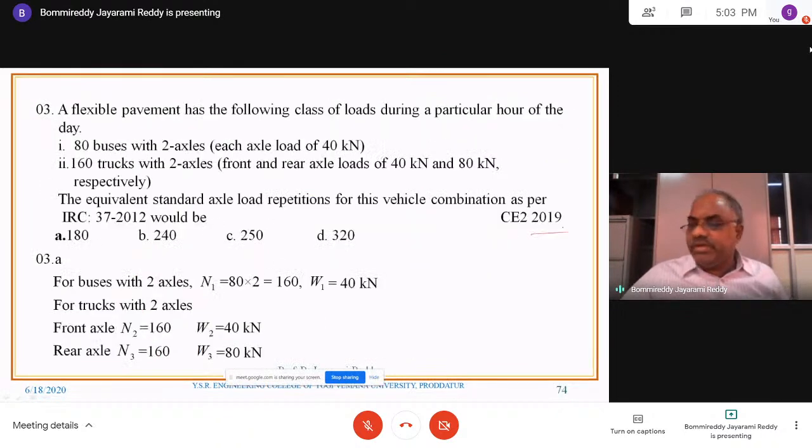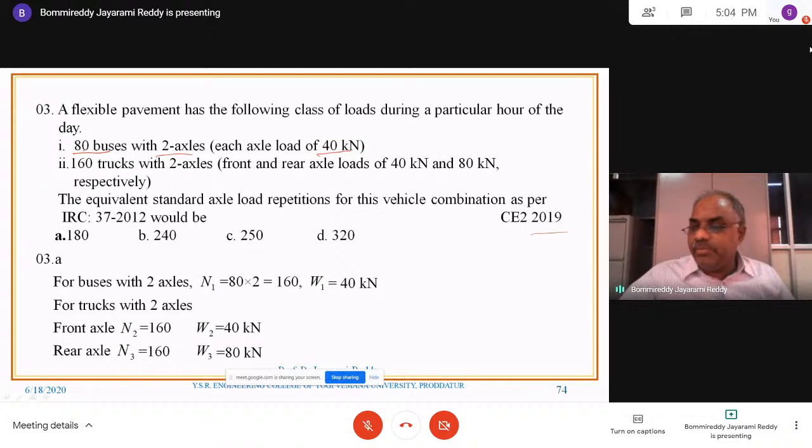And in 2019, a flexible pavement has the following class of loads during a particular hour of the day. 80 buses with 2 axles. So each bus is having 2 axles, and each axle is of load 40 kilonewtons.